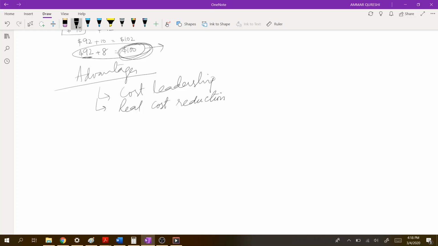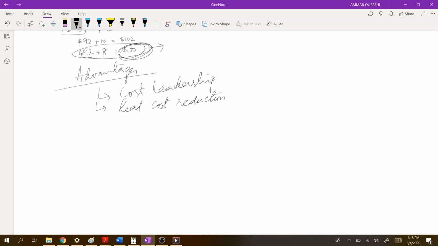We have asked the supplier to reduce the cost of a component and made a contract, so that is a permanent thing. Without compromising the quality of the product, this is a real cost reduction.